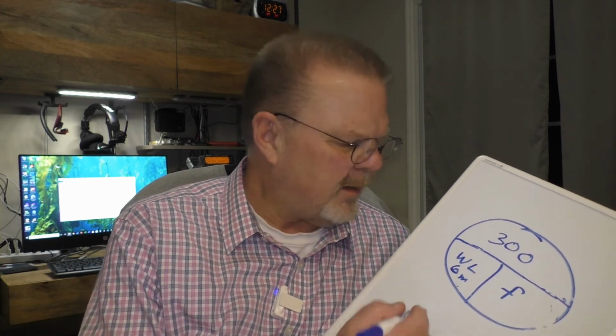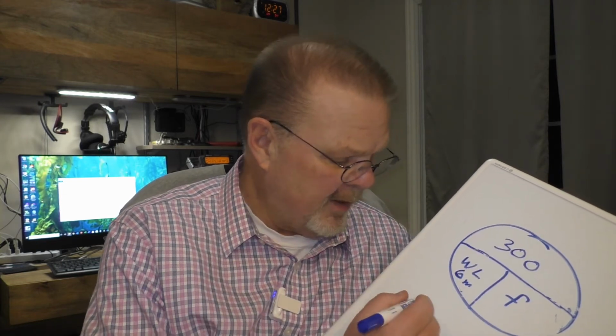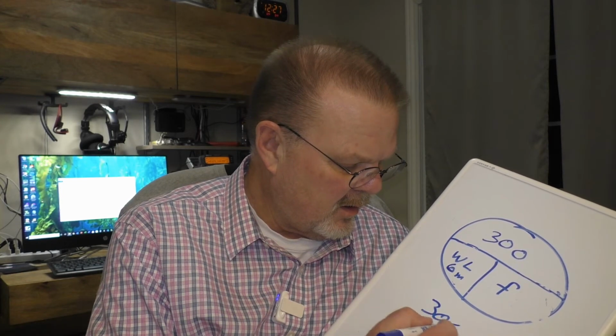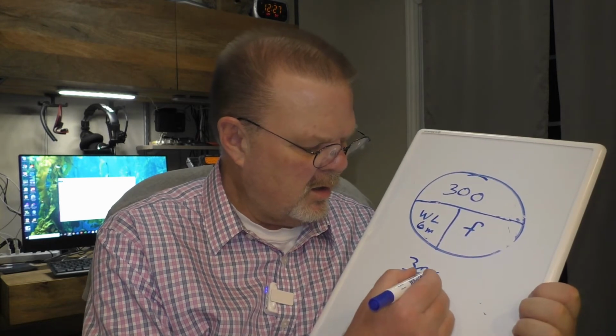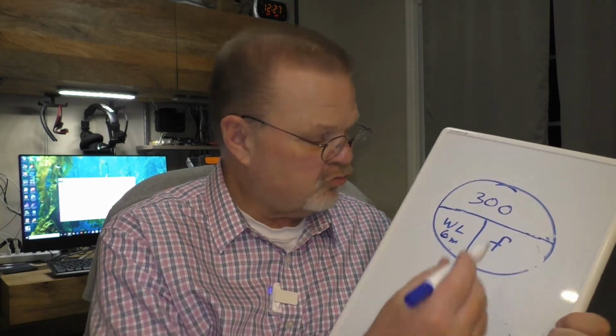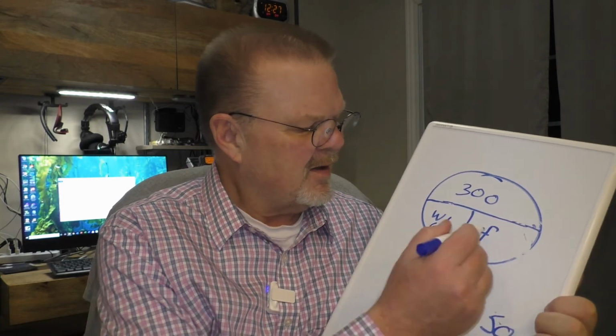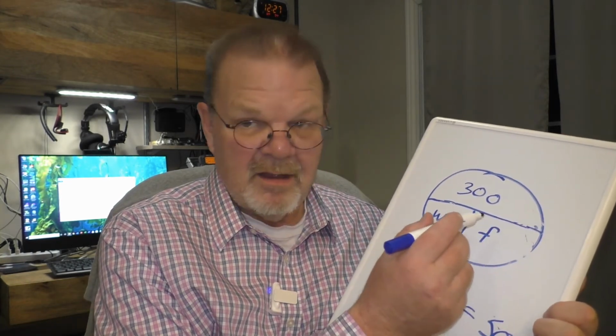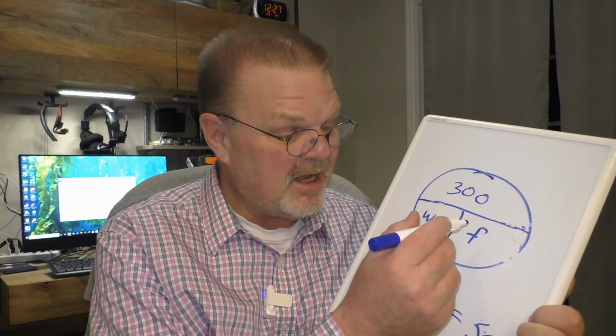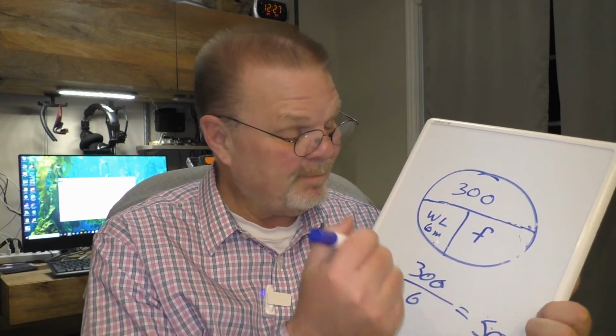What frequency is that? Well, 300 divided by 6 is equal to 50. You buy that? Well, that's the right answer. The 6 meter band is the 50 megahertz band.